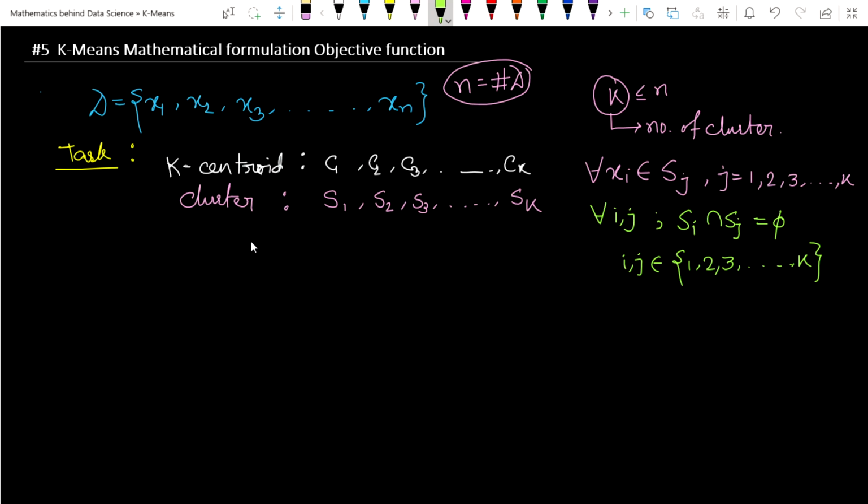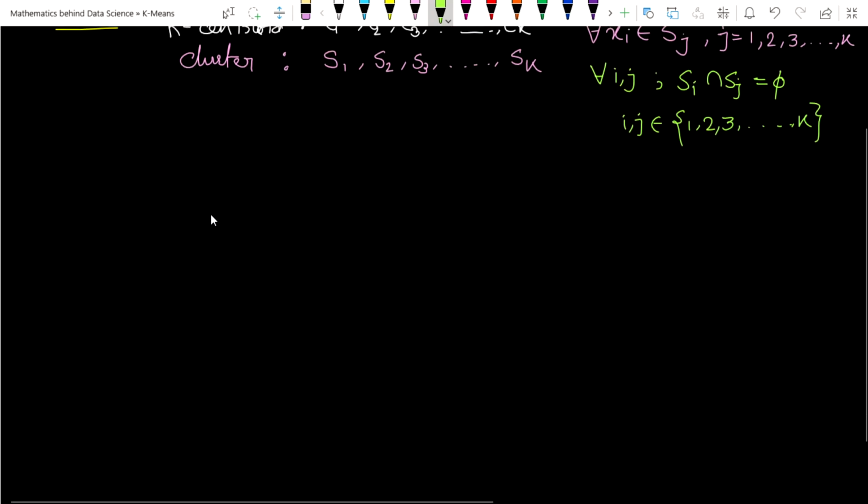Now let's see how we will formulate the mathematics. First we have to find the centroid, and the basis on which we find the centroid is the minimum distance between each point and it. So first we have to find the distances.